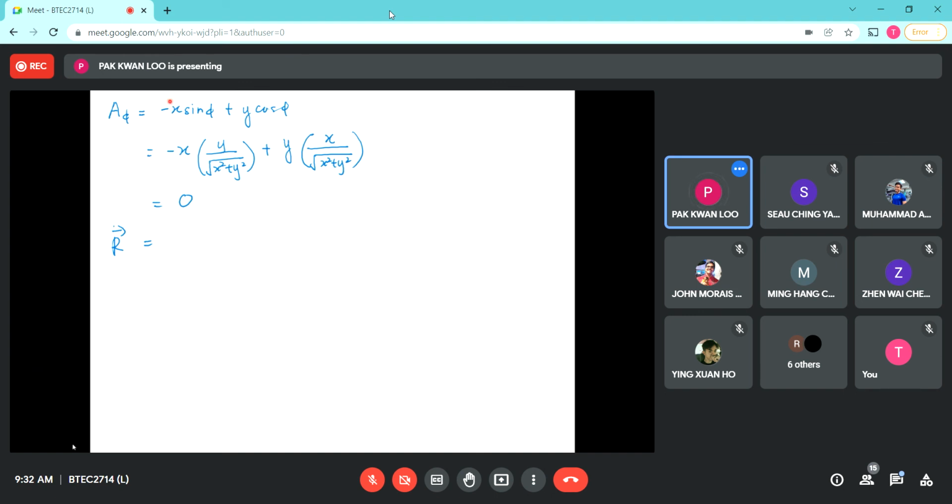So the magnitude now is the square root of rho squared plus z minus z prime squared.